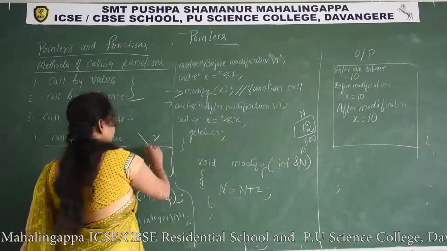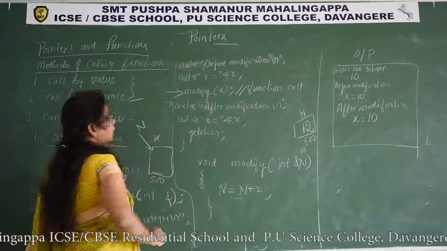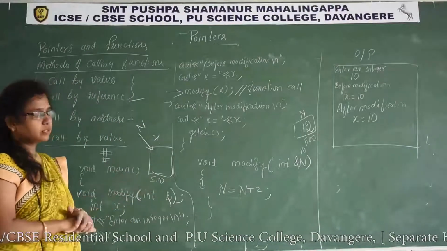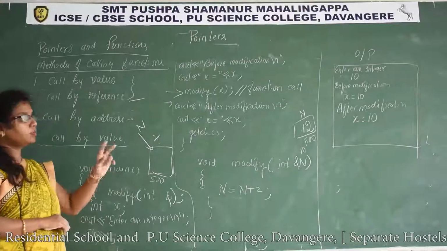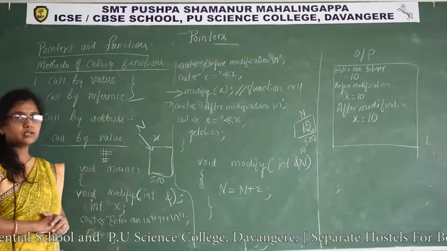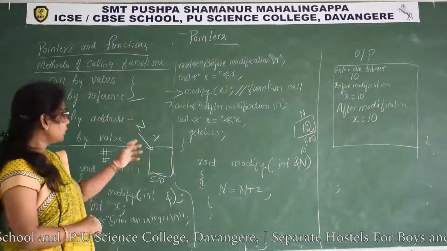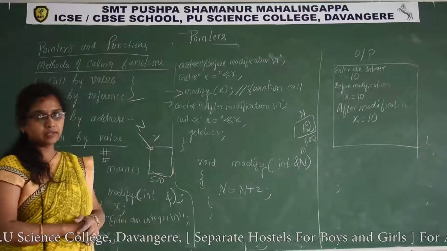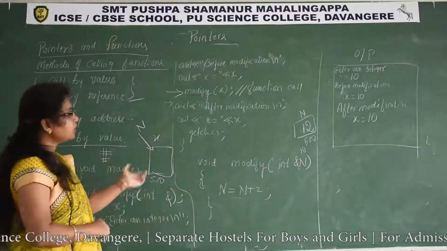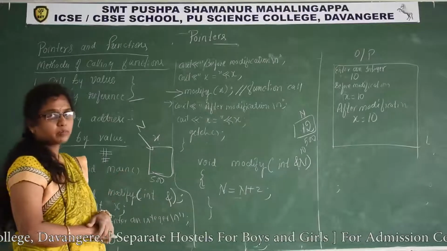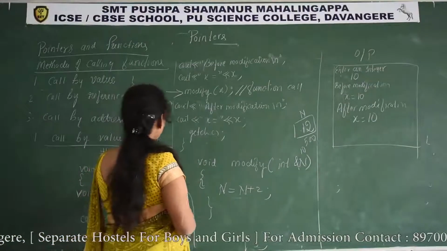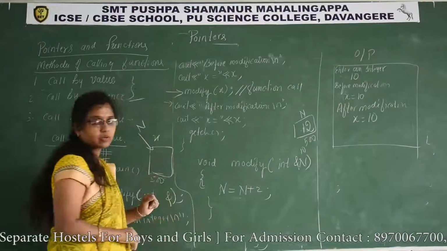So N also refers to the same memory location. Before, in call by value, there were two sets of memory locations, one for X, another for N. In call by reference, there is no separate memory for the formal argument. That formal argument refers to the address of the same memory, that is the actual argument's memory location.